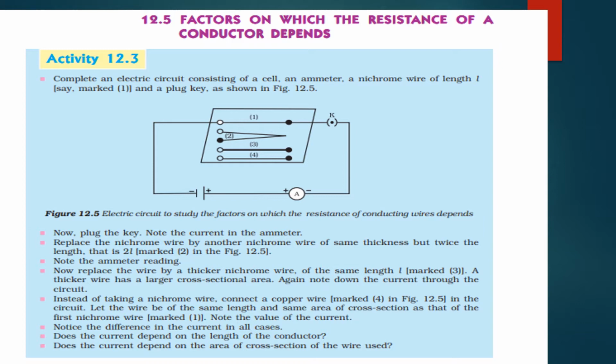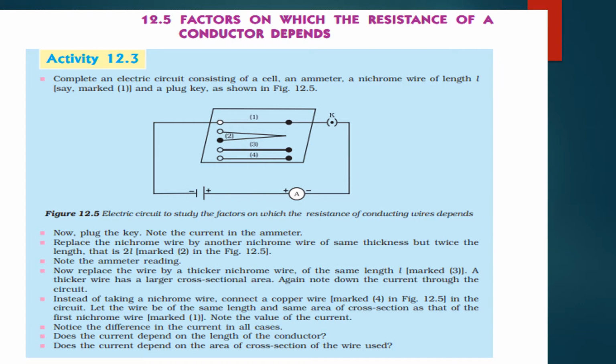Replace the nichrome wire by another nichrome wire of the same thickness but twice the length, that is 2L. Now change this wire and put another nichrome wire whose length is double the first one, but the thickness is the same, and again we read the ammeter.